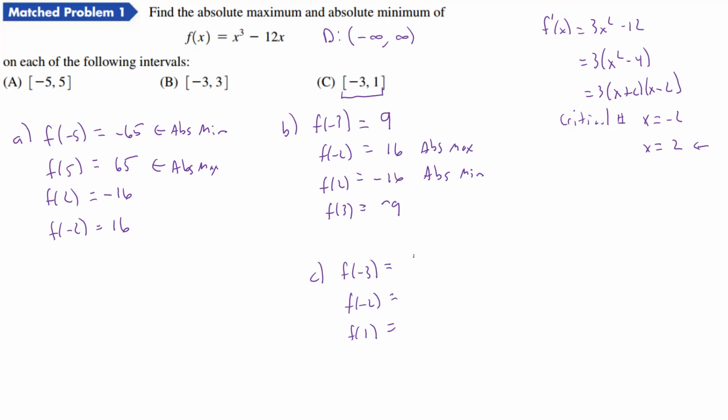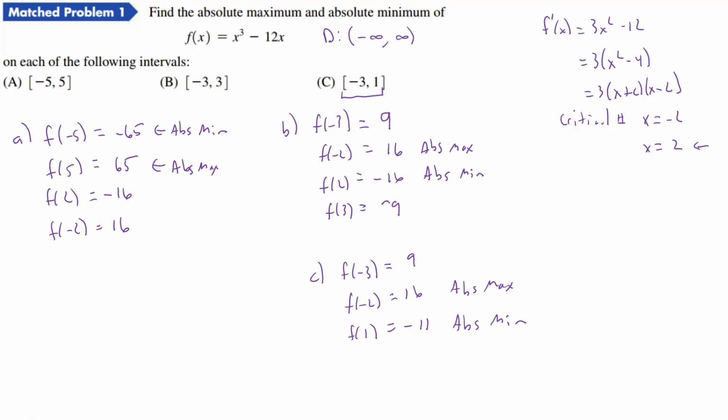So negative 3 we said was 9, negative 2 is 16, and if we plug in 1, we get negative 11. So the biggest one happens to be this one, so that's going to be our absolute max. This one looks to be the smallest, so that's going to be our absolute min.